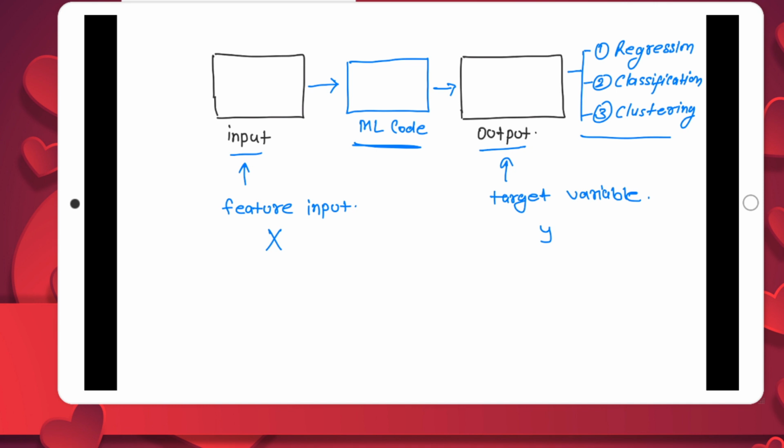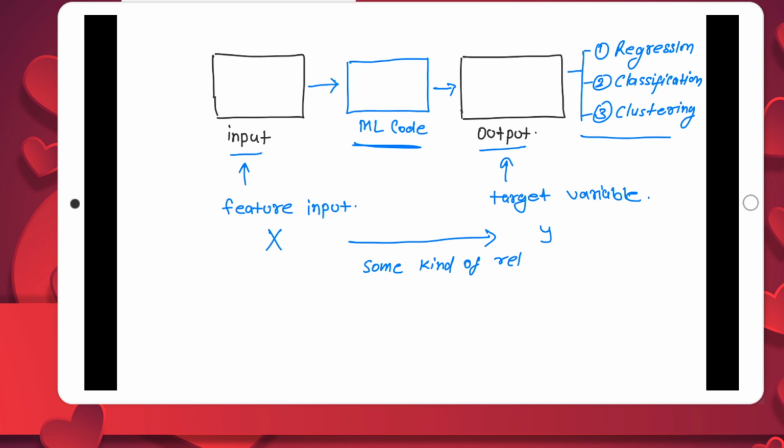Then we derive some kind of relation between x and y. Once this relation is established, we say that our machine learning model has been trained.